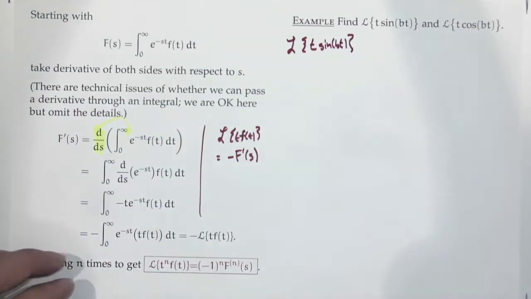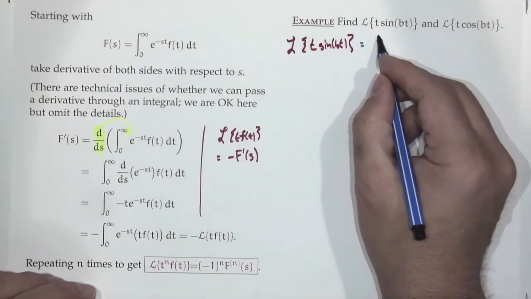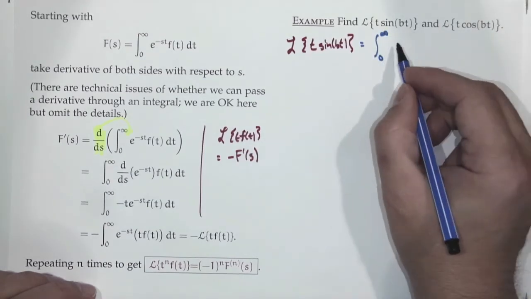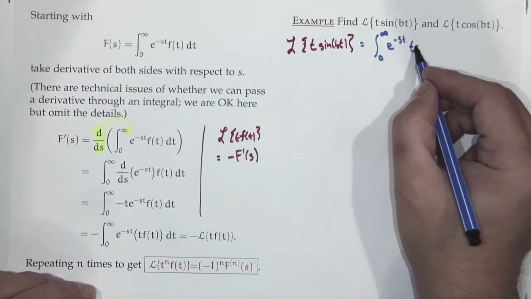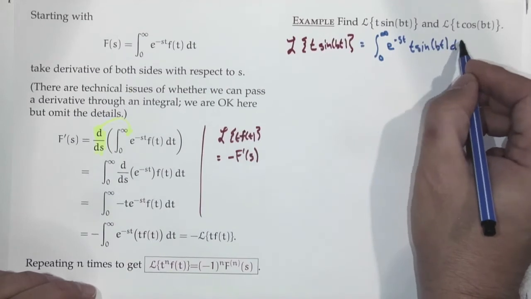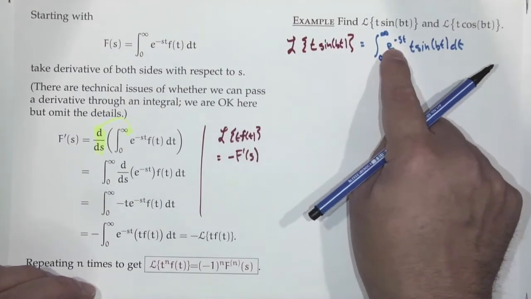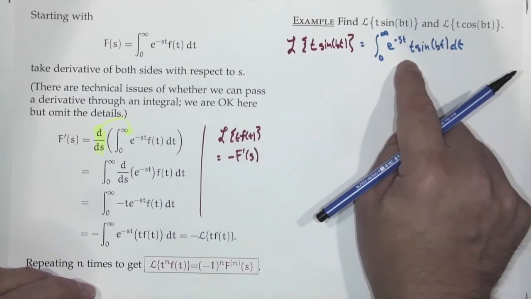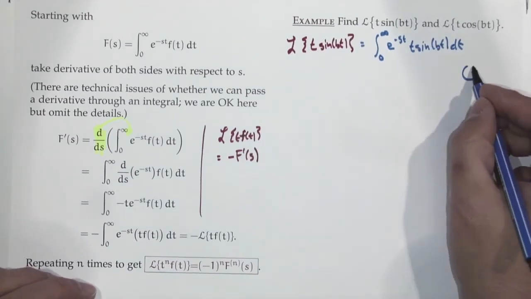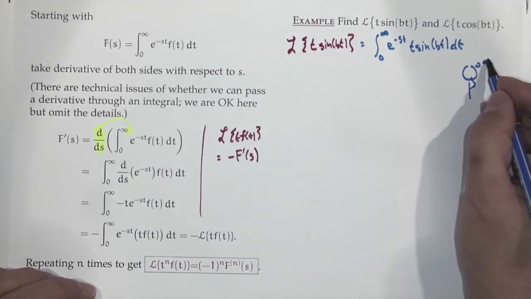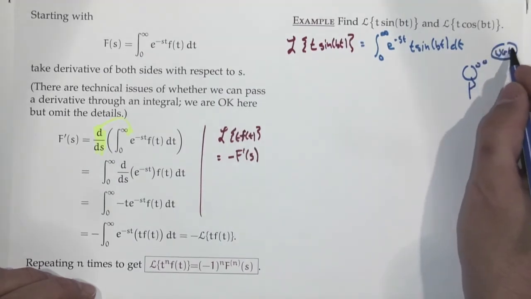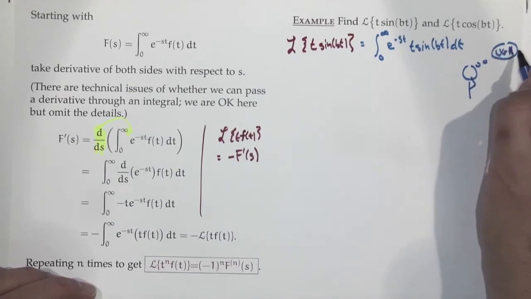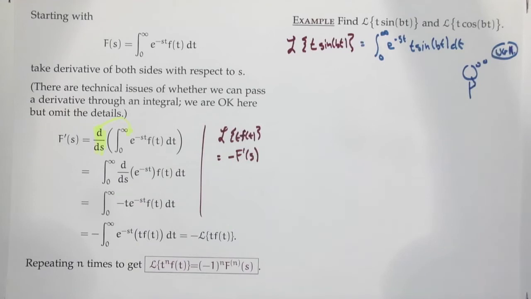Now, on a side note, if we did this by the definition, it would take a while, because it would be the integral from 0 to infinity of e to the minus st t sine of bt dt, where we'd have an exponential function, a trig function, and a t. Now, if we look at this, we might say, ugh, which is our way of saying, that does not look fun. So yeah, we don't want to go to the definition. That would take far too long.